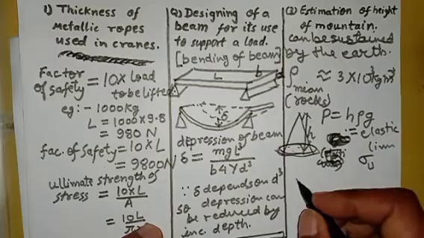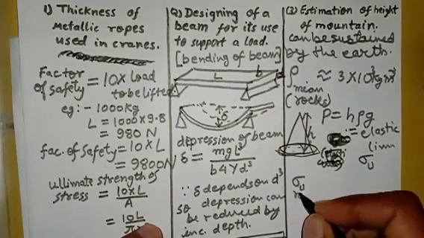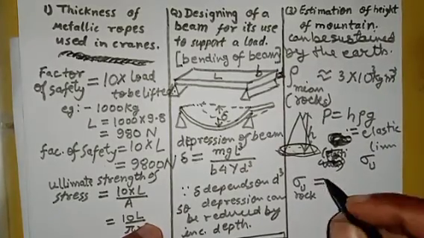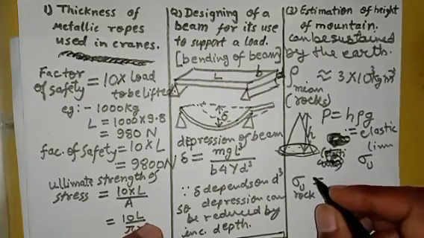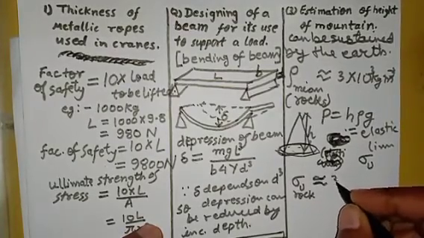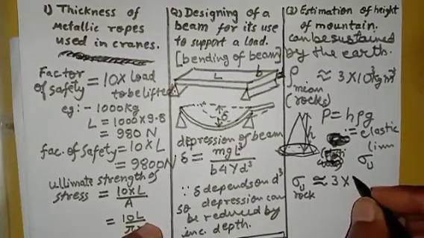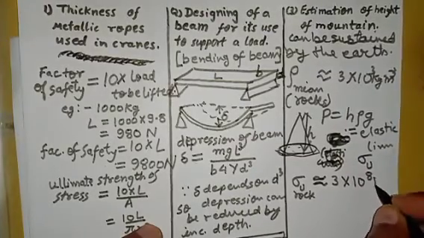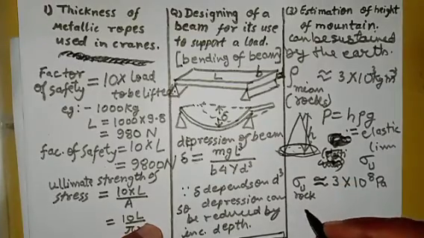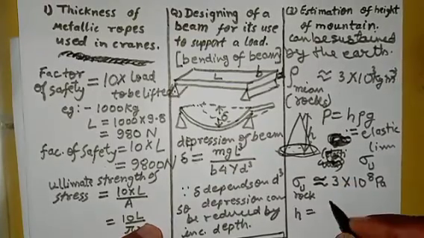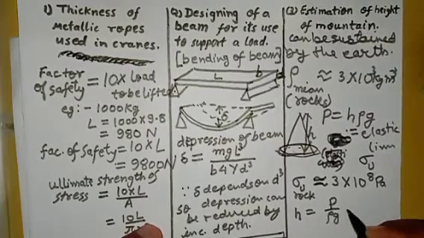So for rock, you don't require to memorize these values, but approximately I have this data. It is 3 into 10 to the power 8 Pascal. Now if we put the values here, h equal to P by rho g.